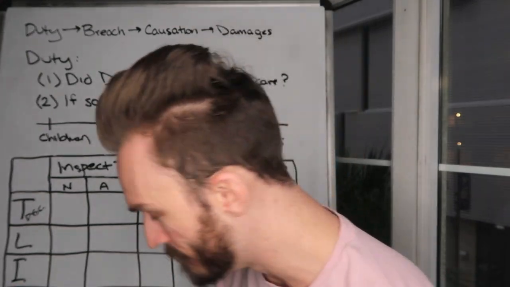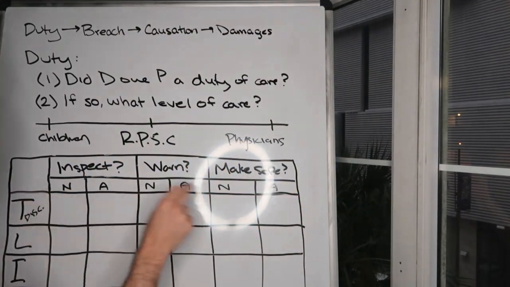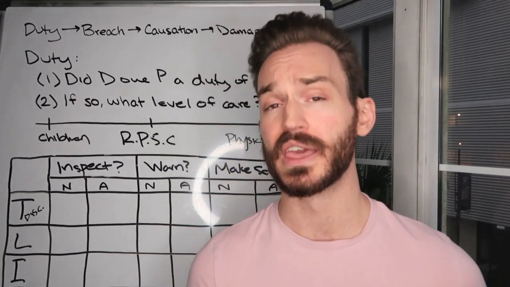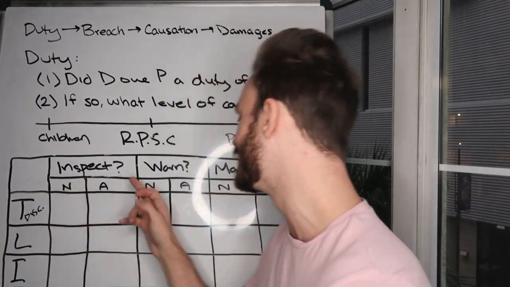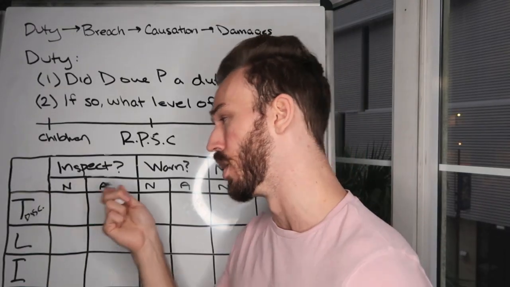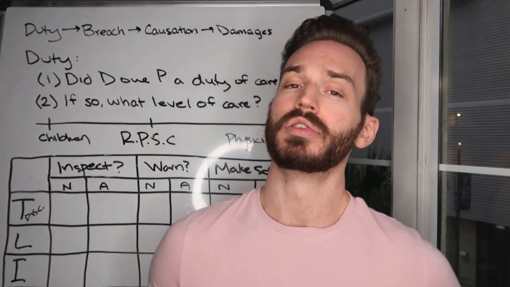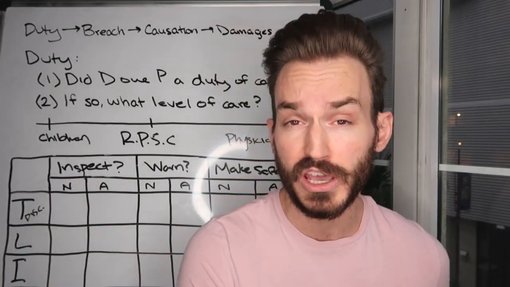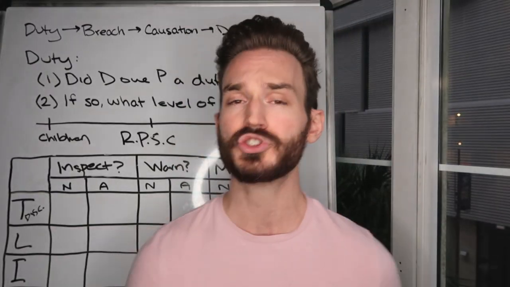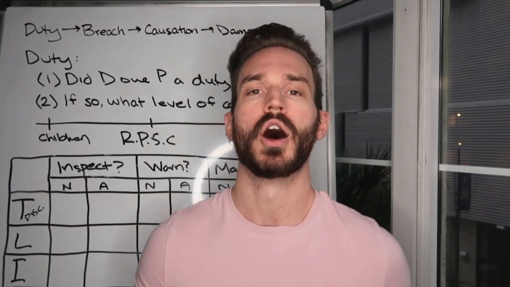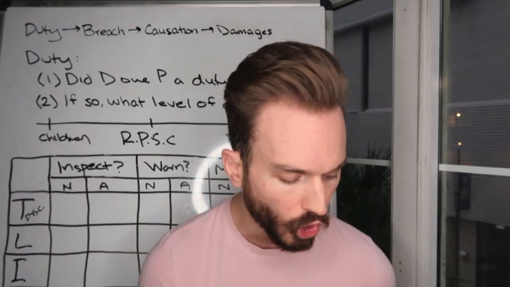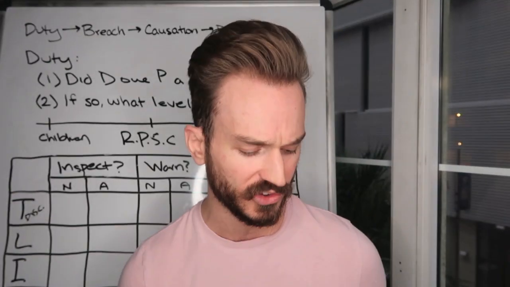social guests, okay? There's one more variable on this chart that we also have to clear up before we continue further. You see these N's and A's listed. That stands for natural conditions and artificial conditions. On land, there can be naturally occurring hidden dangers and artificial hidden dangers. Naturally occurring hidden dangers are things caused by nature. This is, say, a hole in the ground that's concealed by some shrubbery.